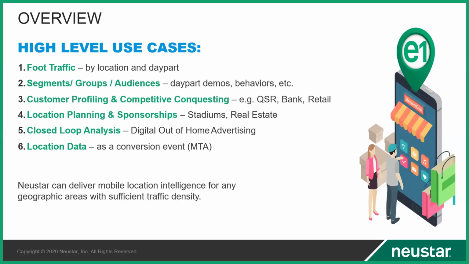Are they going to the mall? Are they going to the ball game? Where do they spend their time? You want to keep track of that and keep that information up to date, and leverage it to provide real-time marketing analytics to different clients. This talks a little bit about that, and I'll show a bit of it in a demo.